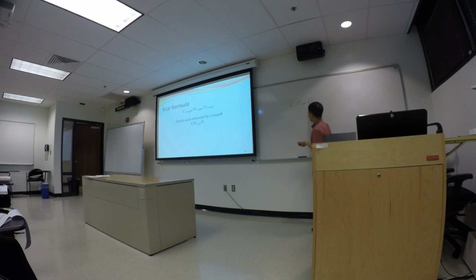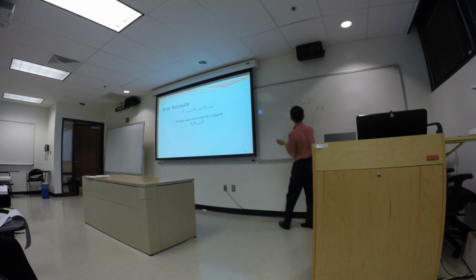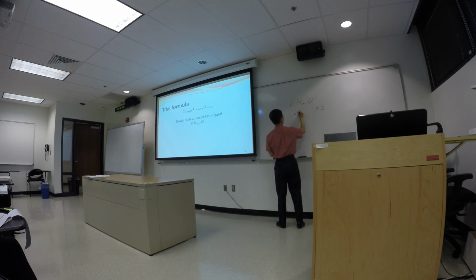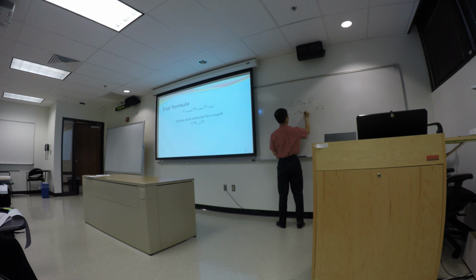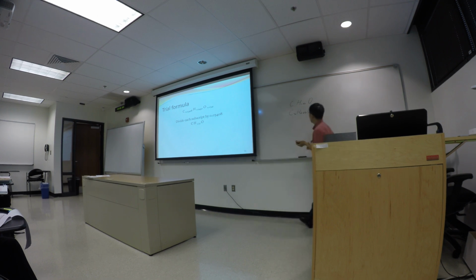Now, we don't like this number, so let's multiply everything by 2. Everything, we mean the subscripts. It's 1, 1.32, 1. If you multiply everything by 2, you get carbon 2, hydrogen 2.64, oxygen 2. Still, 2.64, we don't like this number. Well, it doesn't work.